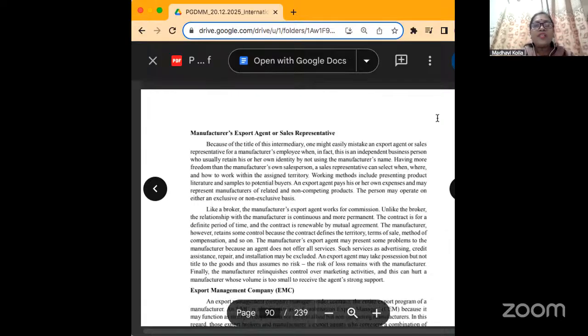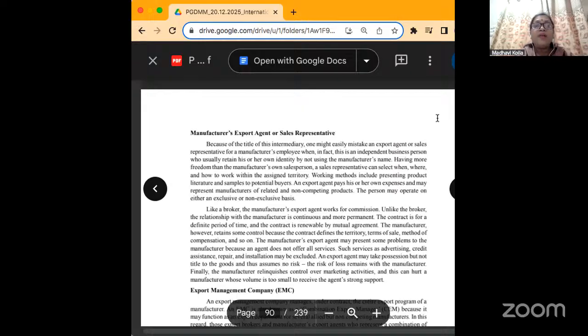So, manufacturer's export agent or sales representative. Here we have already spoken about this. Because of the title of the intermediary, one may think that an export agent or sales representative for a manufacturer is actually a part of the company's employee base. However, it's not so. They have their own identity and they are not using the manufacturer's name.